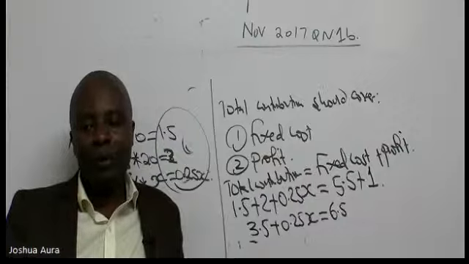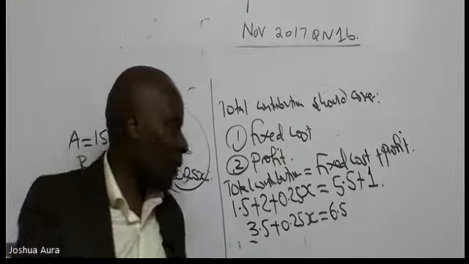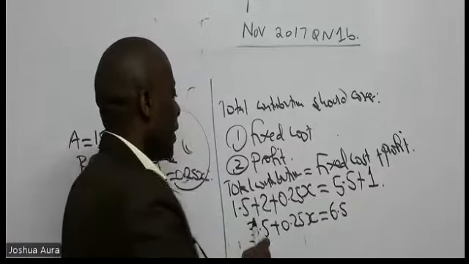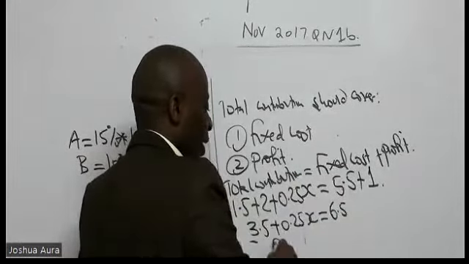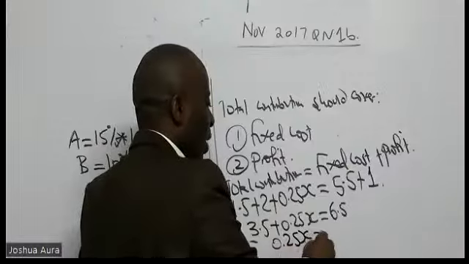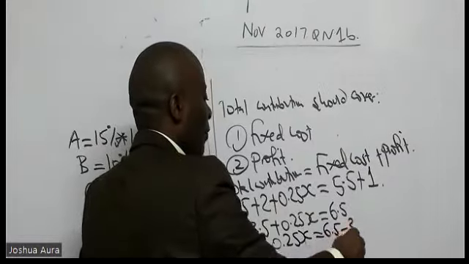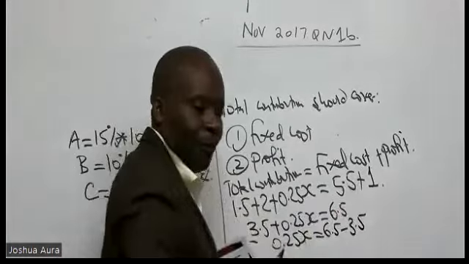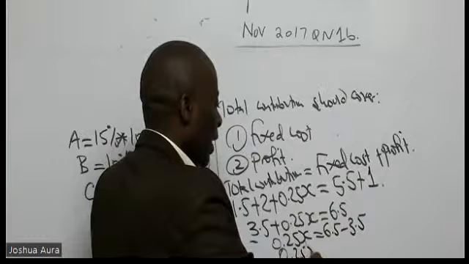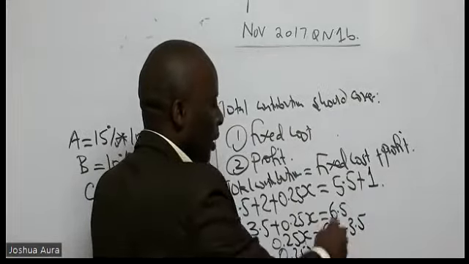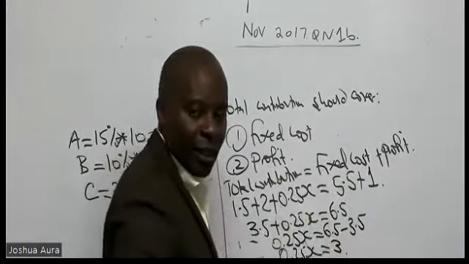Yeah, Gordon Wari is able to give me 12. Thank you very much. So if you try, in this case here, taking this figure to the other side, it will become a negative, of course, on the other side. So it shall be 0.25x equals 6.5 minus 3.5 million. Ladies and gentlemen, this will be 0.25x equals 3 million.